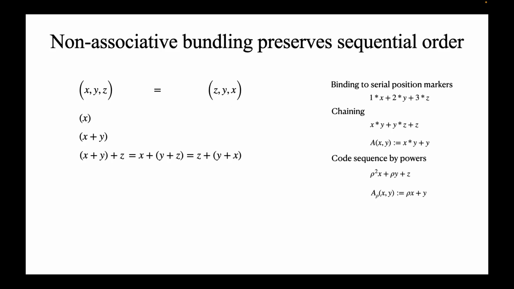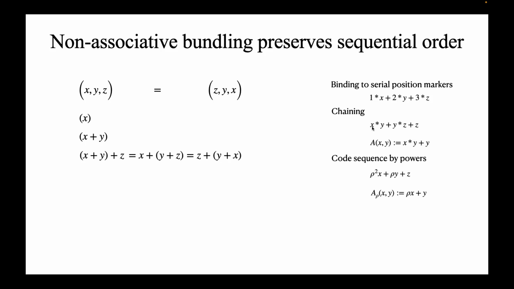What you then usually do is to add additional structure. Either you say there are serial position markers, so 1 is bound to X, 2 is bound to Y, 3 is bound to Z, or you can employ something which is chaining. This is a little bit like what we have seen now in the graphs, that X is bound to Y, Y is bound to Z, and then comes Z. Or you can do it as it is often done here in VSA.